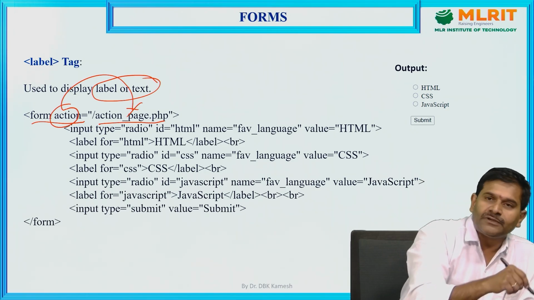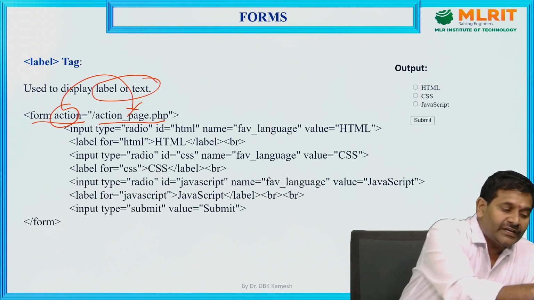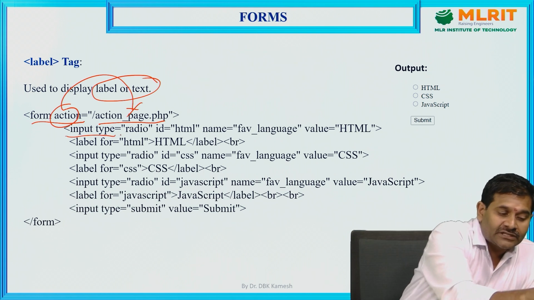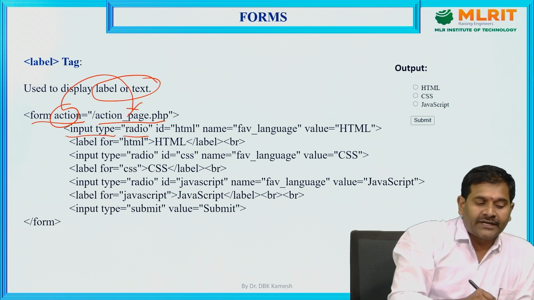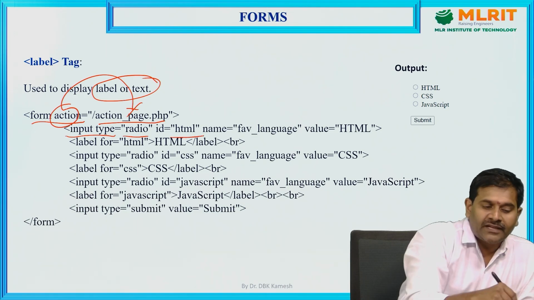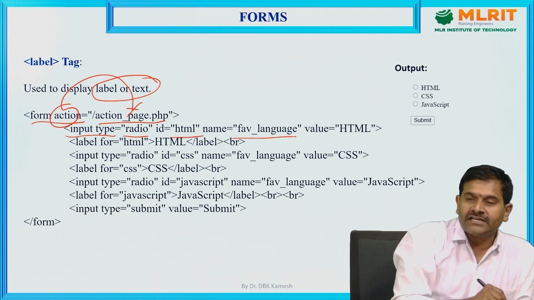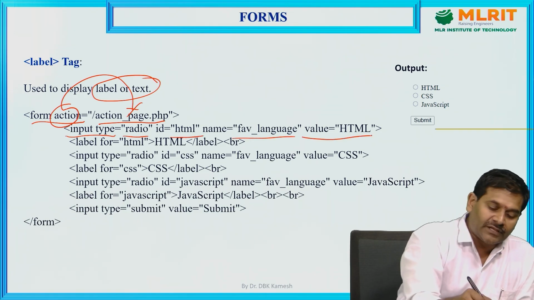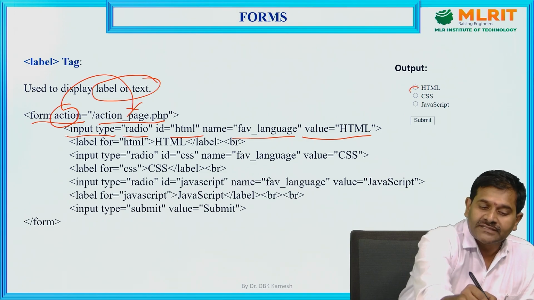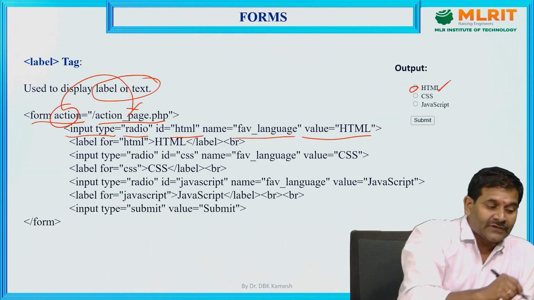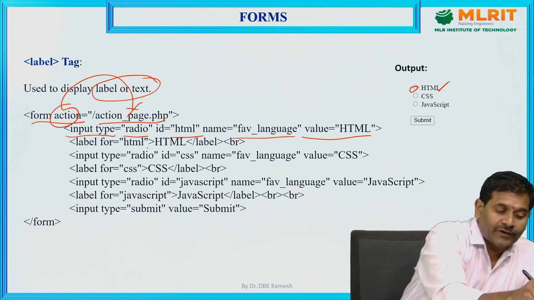Inside this PHP, we need to write input type equals radio, id equals HTML, name equals favorite language, value equals HTML. It is showing like this, a radio button HTML first. Then the same label for HTML.